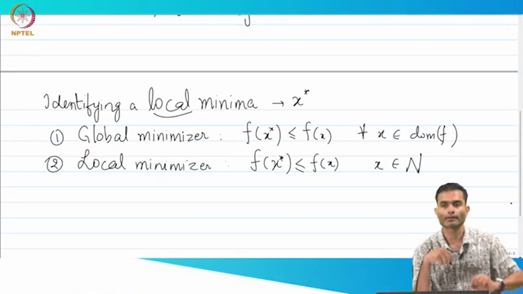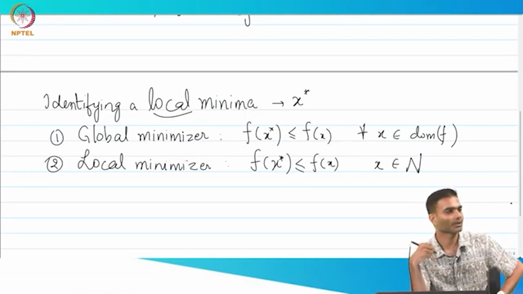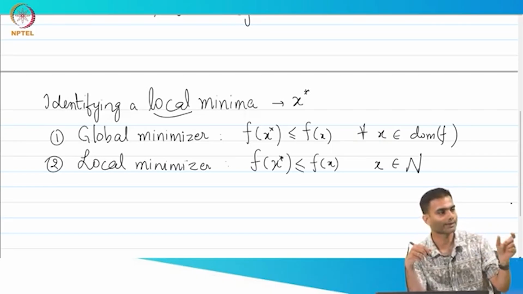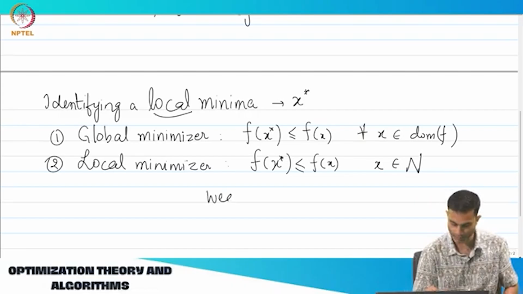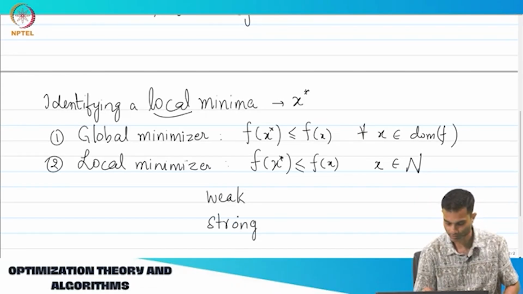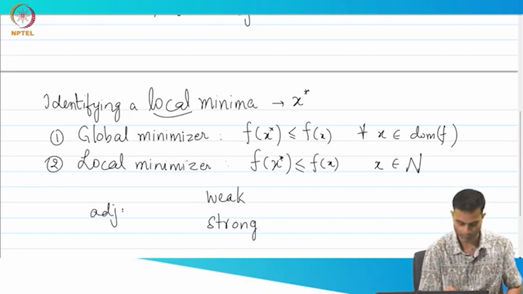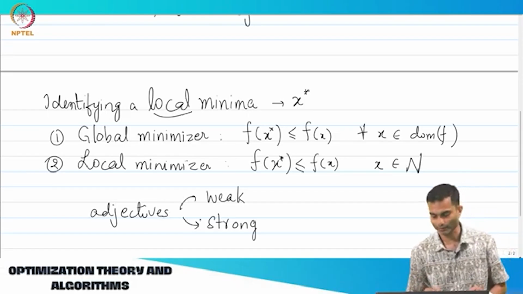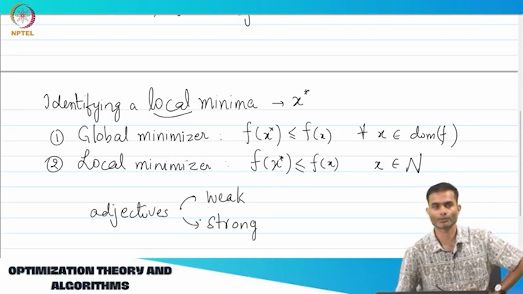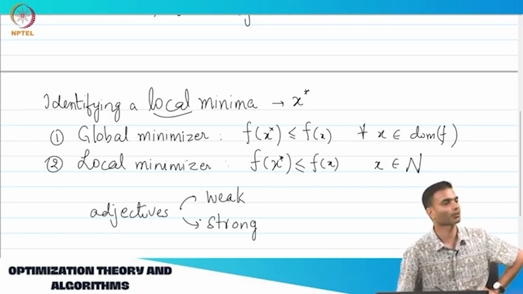You will find in the literature when people talk about minimizers, they add one more adjective. They may not just call it a minimizer. They may call it a weak minimizer or a strong minimizer. So these are the adjectives. These words are fairly self-explanatory.